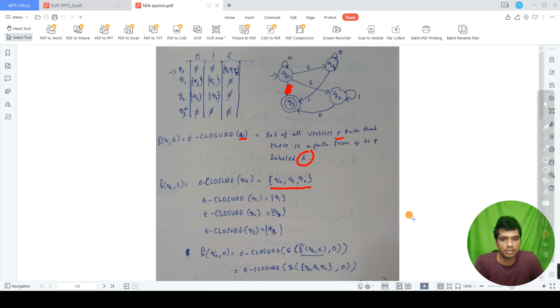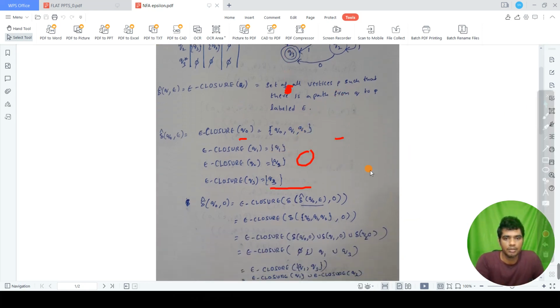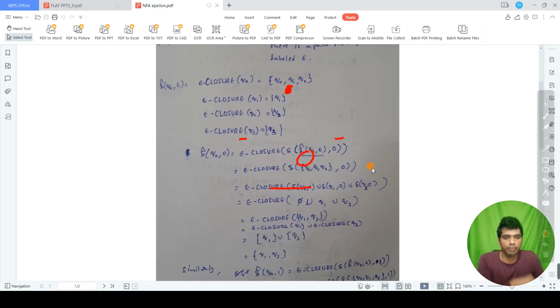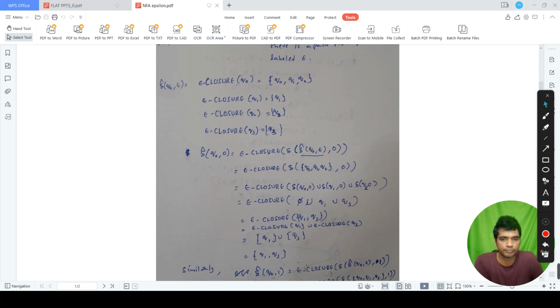The next important thing is you need to understand this one. If you understand one example, then you'll understand all other things. So we need to repeat the same thing. First, you need to compute q0 on 0.